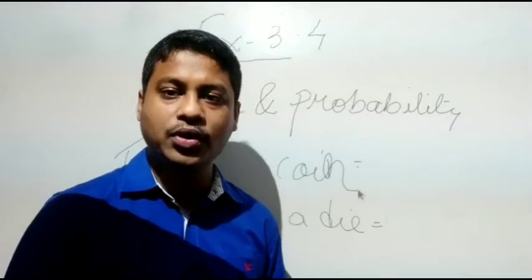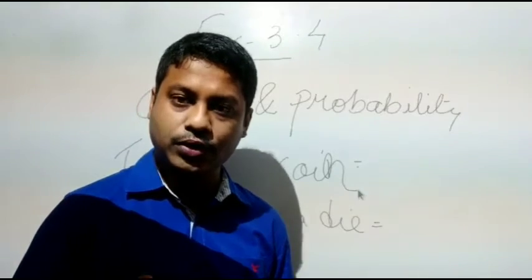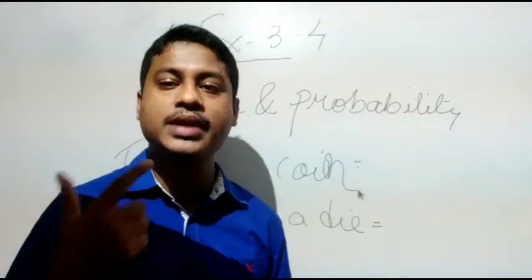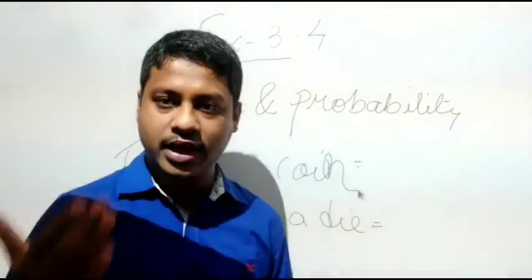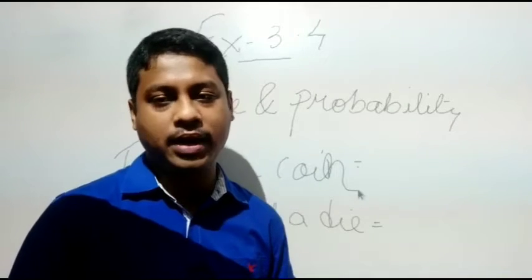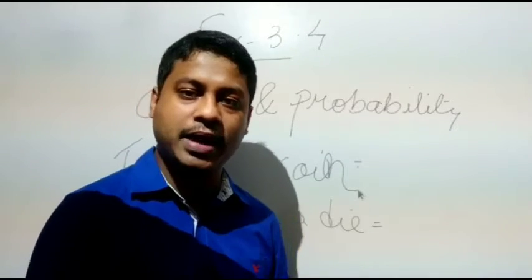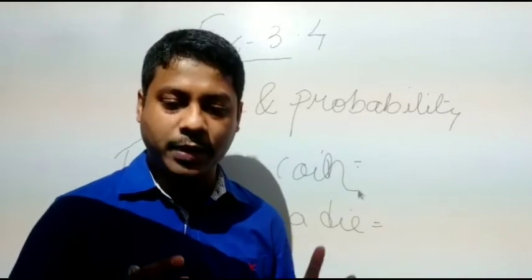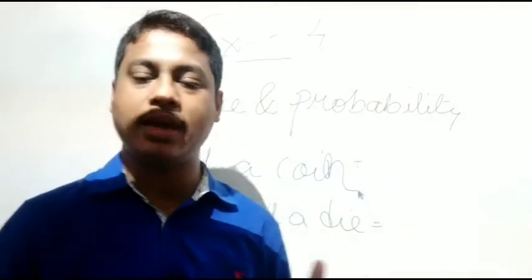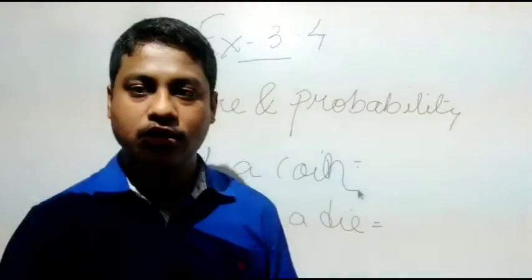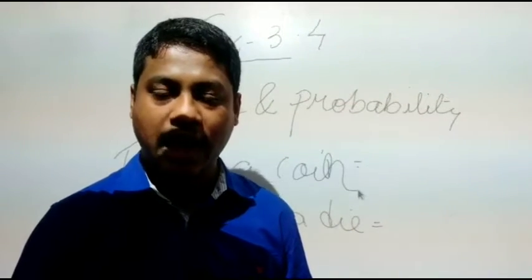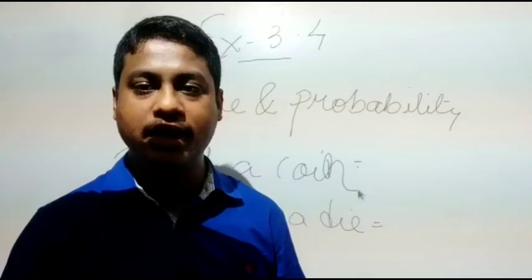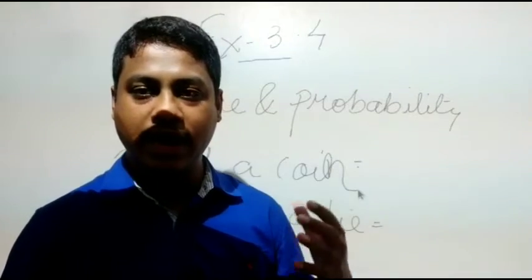Suppose you toss the coin around 10 times. First maybe it will be head, next tail, next maybe head again, then tail. So it is not necessary that it will always appear as head or always as tail. These are not fixed. Either it can be head or it can be tail.